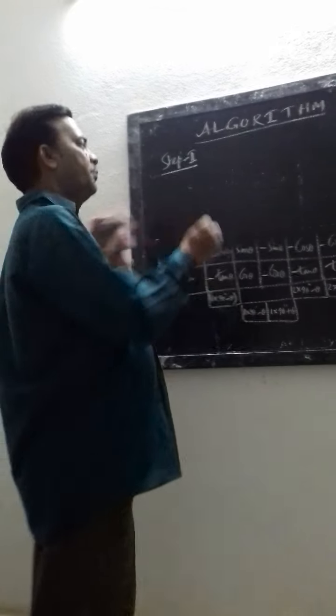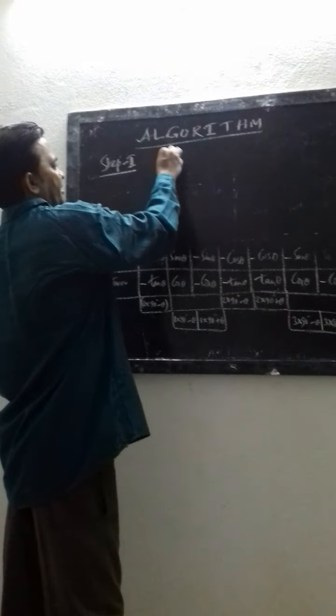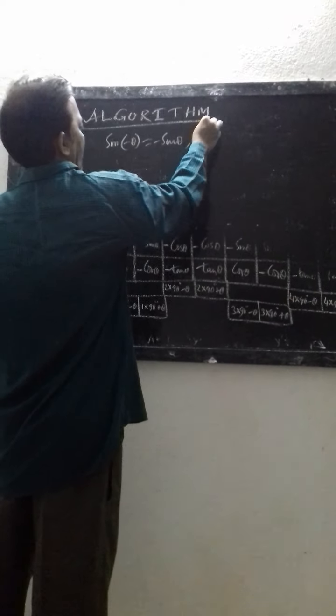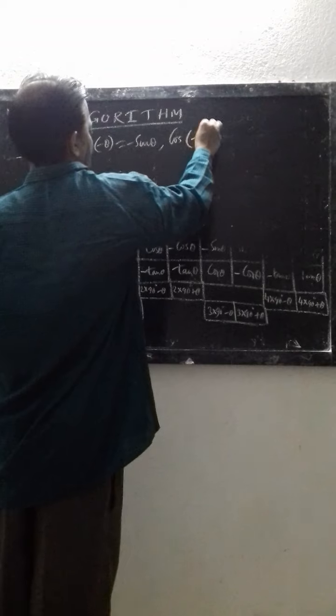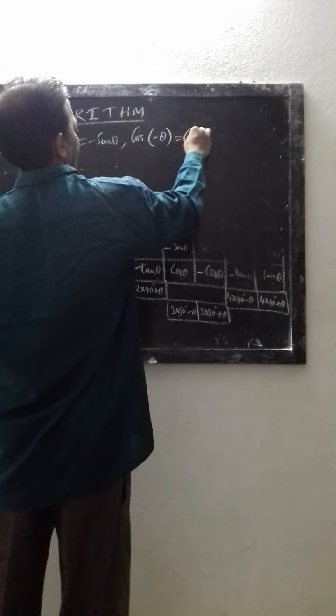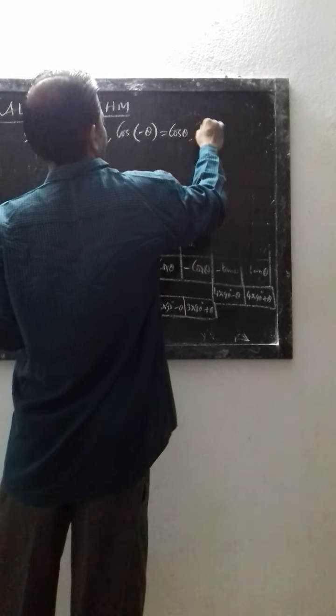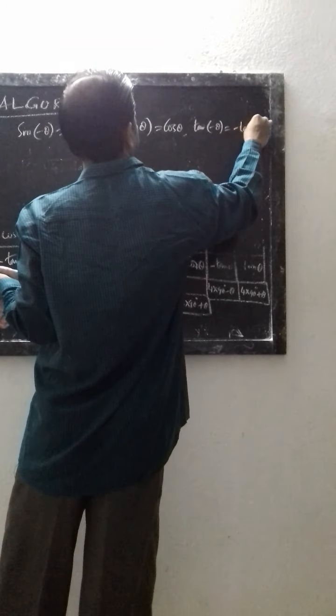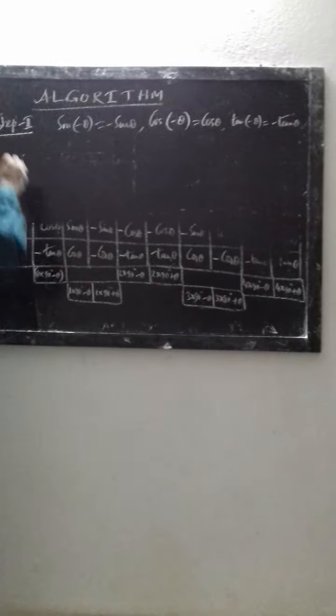If it is negative, make it positive by using sin minus theta equals minus sin theta, cos minus theta equals cos theta, tan minus theta equals minus tan theta, etc. Step 2.